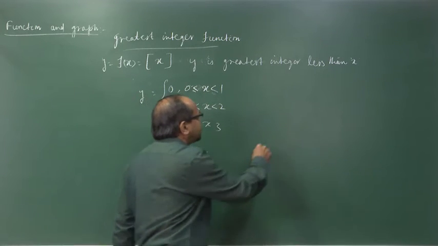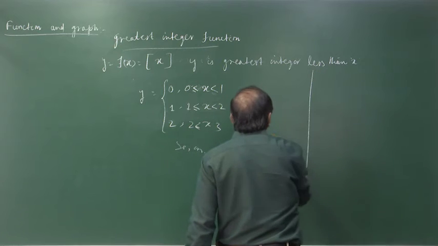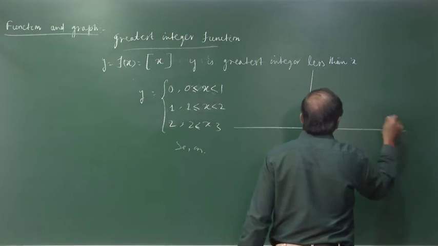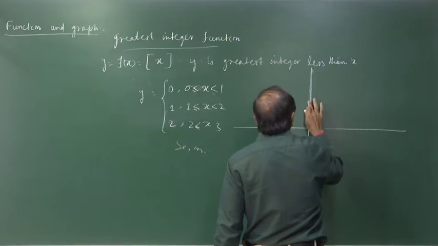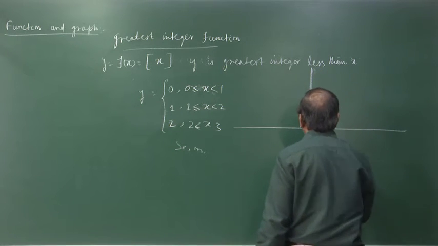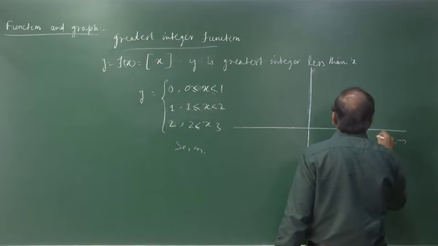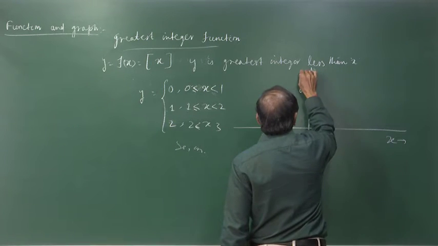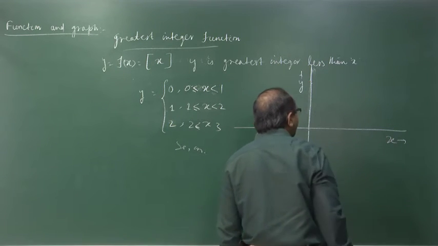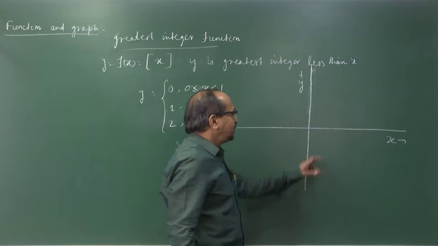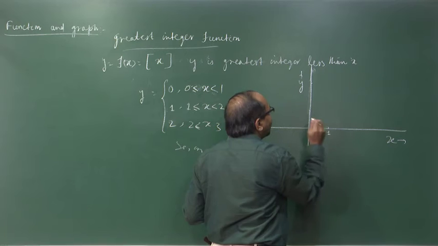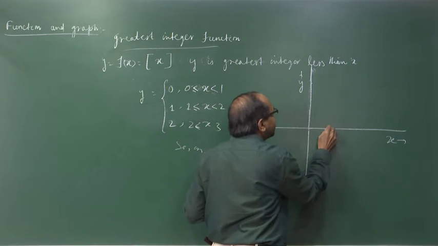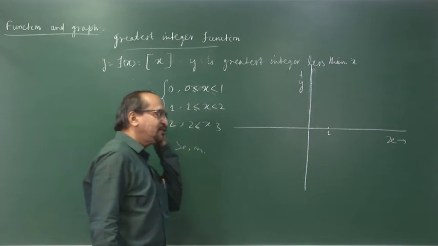So, the graph will be like this. This is x, this is y. When x goes from 0 to 1, the greatest integer less than 1 is 0.